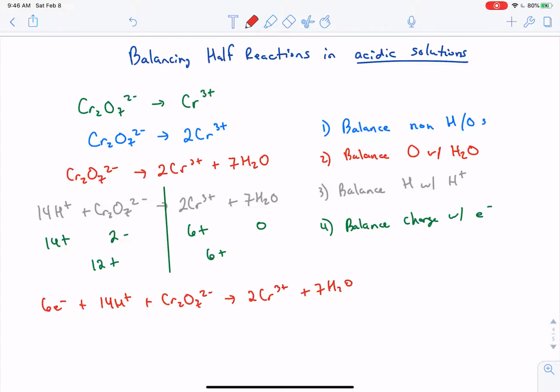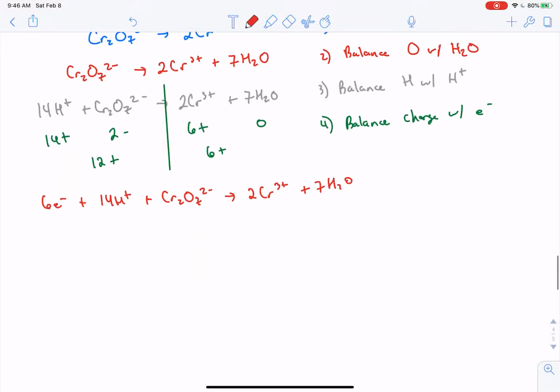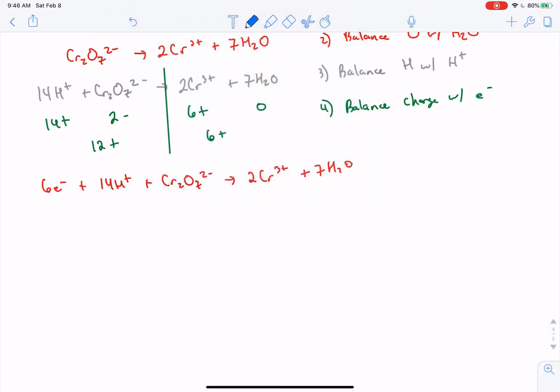Now, if you want to make sure you got your electrons right, look at what is oxidizing and what's the oxidation number that's changing here. The oxidation number that's changing here is Cr. And Cr over here is +3. And over here, it is +6.